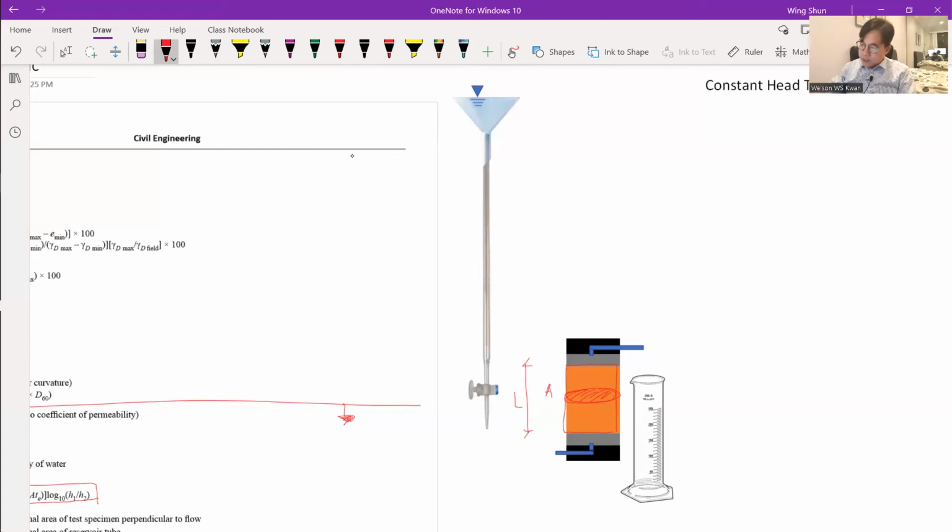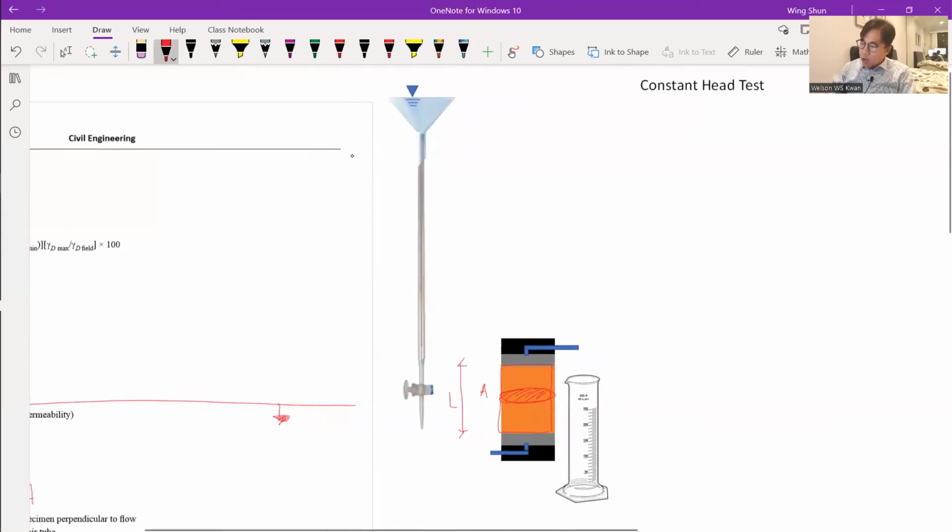The overall setup is called a constant head test because we apply a water head to our soil specimen.